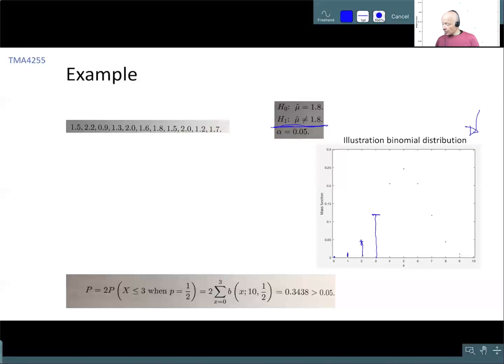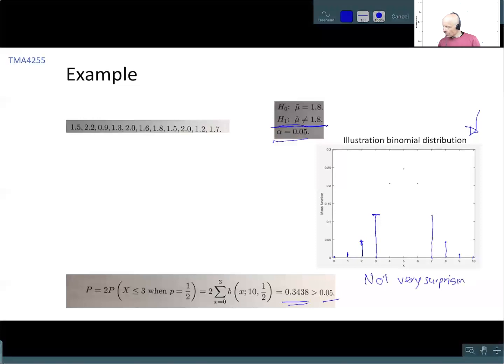And the binomial is symmetric around 5, since we have probability 1/2. So we can also look at these probabilities at the 7 and up end. And doing so, we get a very large probability, much larger than the significance level that we use to do the test. So this is not very surprising.